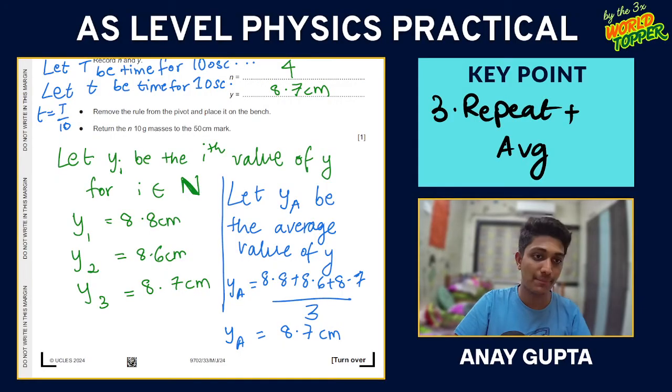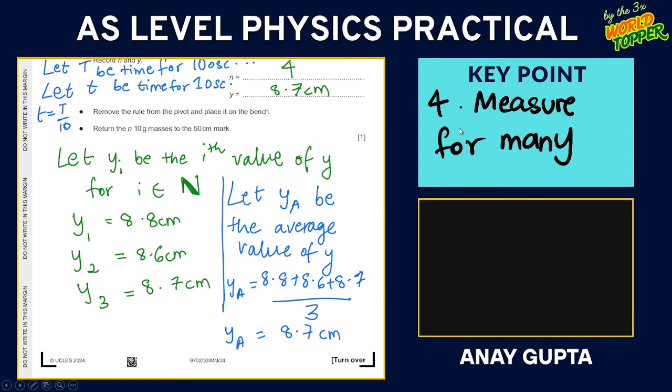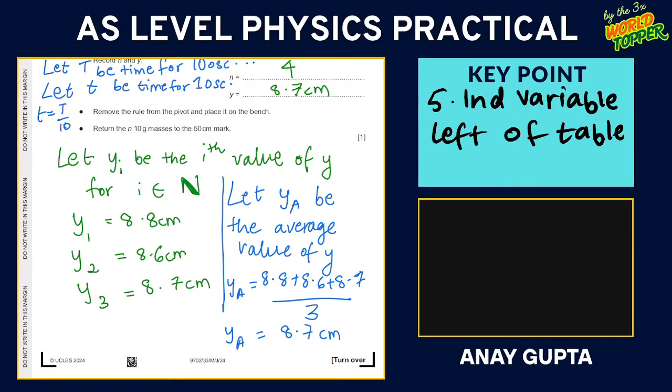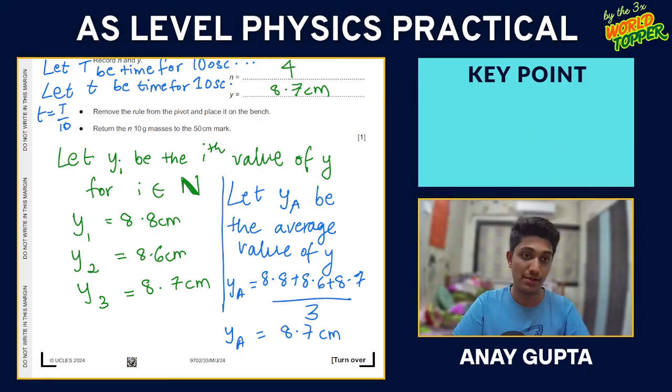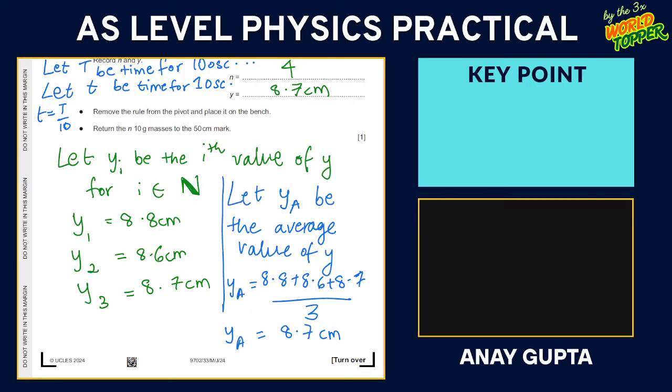The fourth key point was measure for many, when there is a possibility of high human error. The fifth point was independent variables to the left of the table. And now we have our sixth point, that is a good range of independent variables.